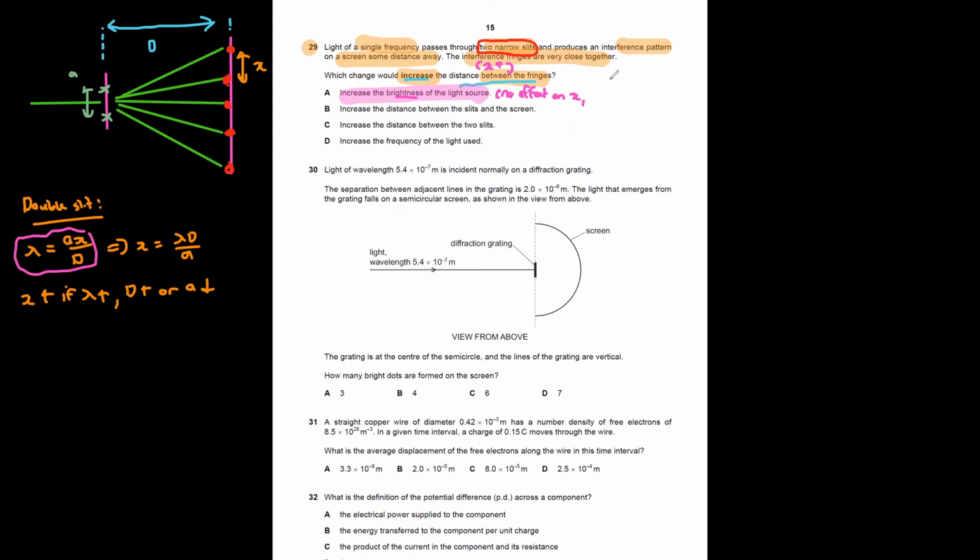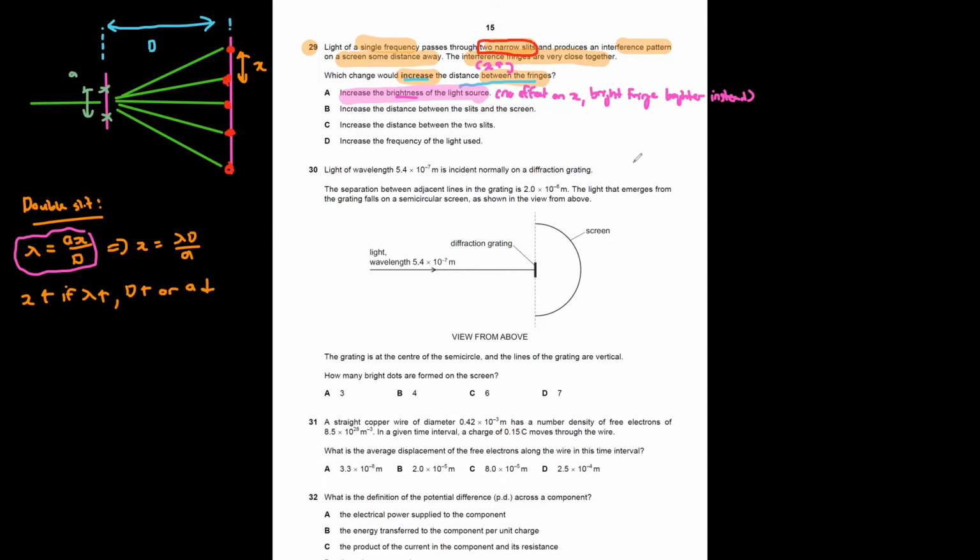Instead, what will happen is that because we're using a brighter source of light, our bright fringe will be brighter instead. Okay, because the bright fringe is where you have constructive interference. So the waves meeting at a particular bright fringe have larger amplitude now due to larger brightness of your light used. So the resulting wave that you get will be an even brighter spot. Okay, it's an even brighter fringe.